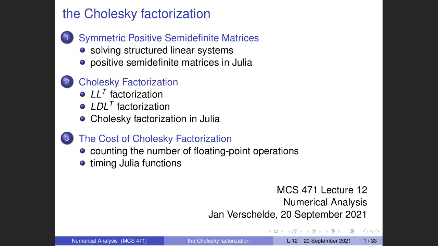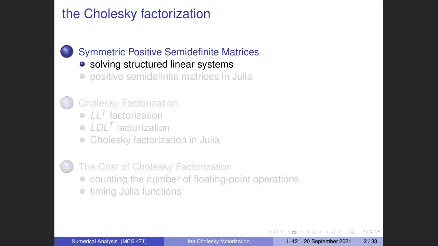So in this course, it's not only the asymptotic order that matters, but also actually the constant in front of the leading term. And as we will see at the very end, when we time Julia functions on very large matrices, we will see that Cholesky actually is noticeably faster than the LU factorization. All right, so let's dive in then.